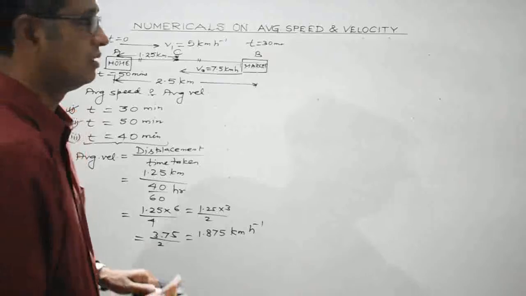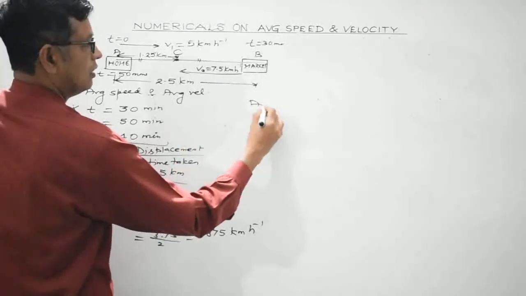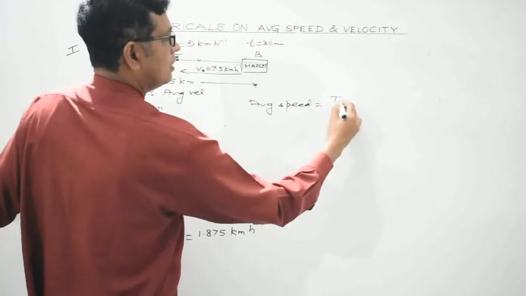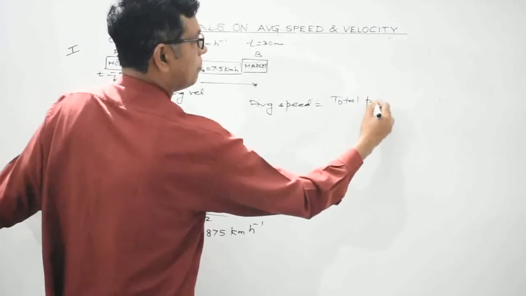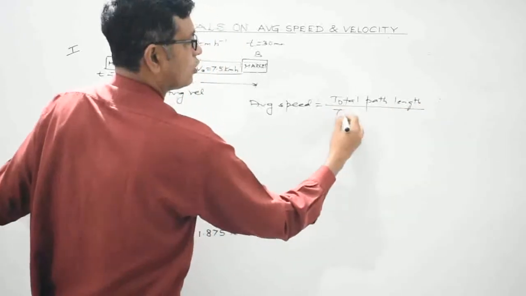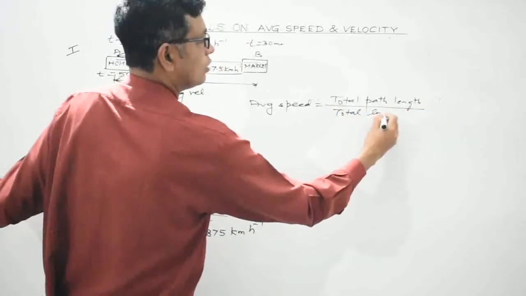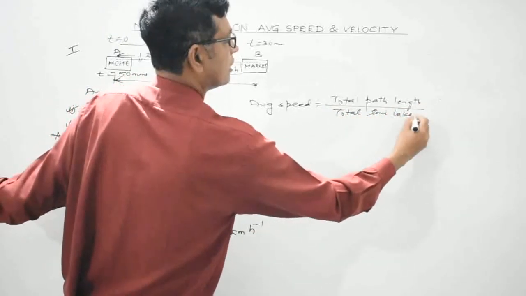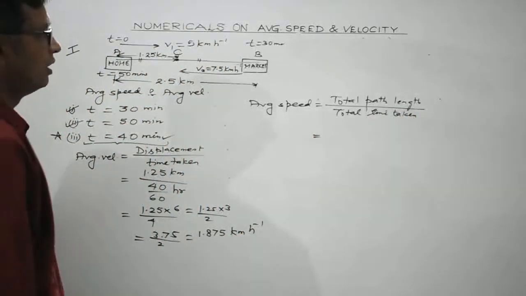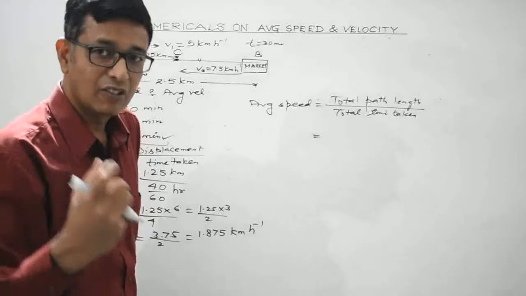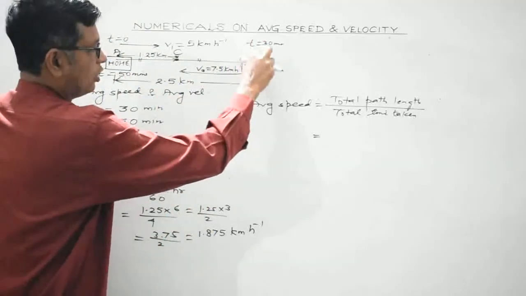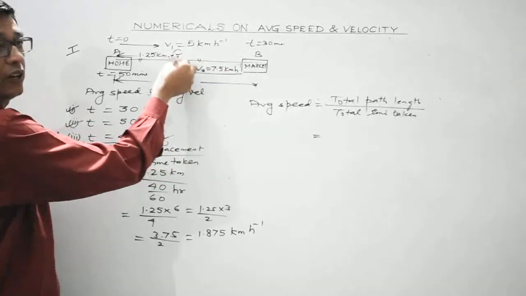Average speed is total path length divided by total time taken. So we are dealing with this case for a duration of 40 minutes. So what is the total path length covered by that person during 40 minutes? That is 2.5 kilometer plus 1.25 kilometer.